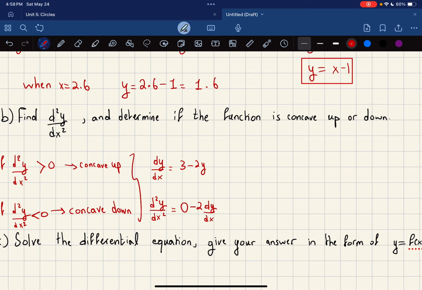But since we're talking about differential equations over here, y prime in this case will become dy over dx. So what is dy over dx again? It's basically this equation. So it's going to be minus 2 times (3 minus 2y). So minus 2 times 3 is going to be minus 6. Minus 2 times minus 2y is going to be plus 4y.